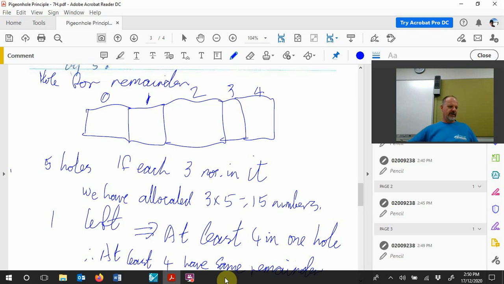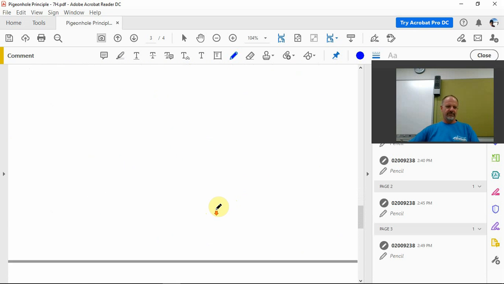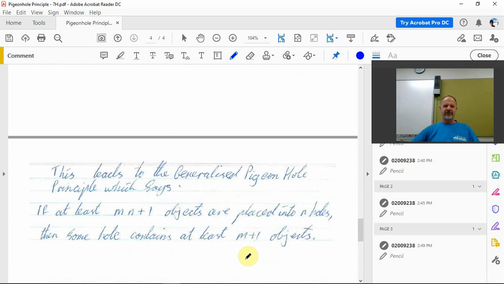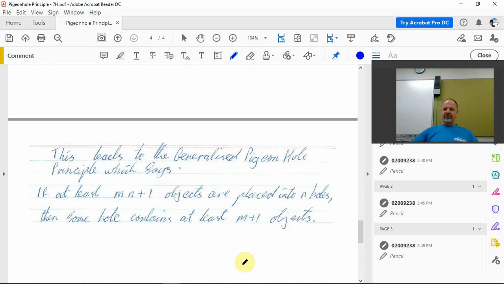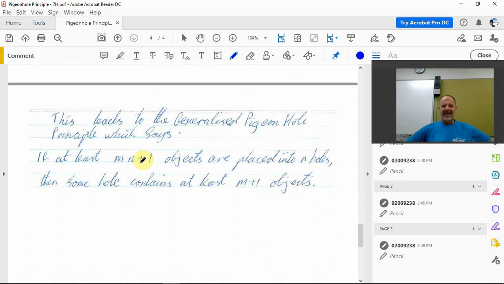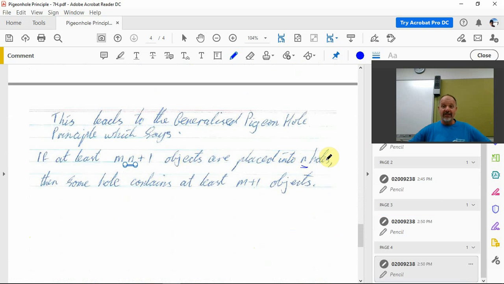All right, and that leads to the generalised pigeonhole principle, as it's called. So if you've got m times n plus 1 objects placed into n holes, where this n here and this n here are the same, then some hole contains at least m plus 1 objects.